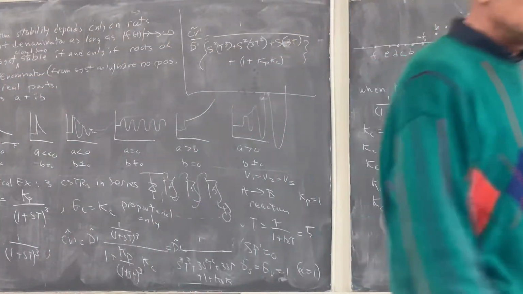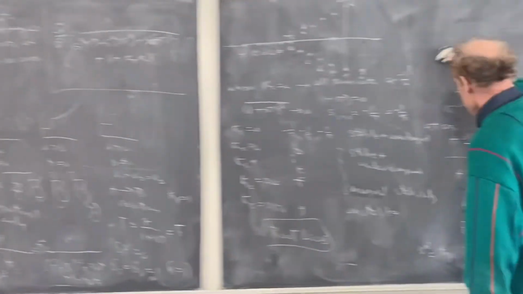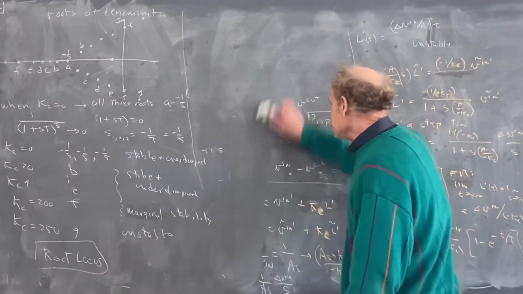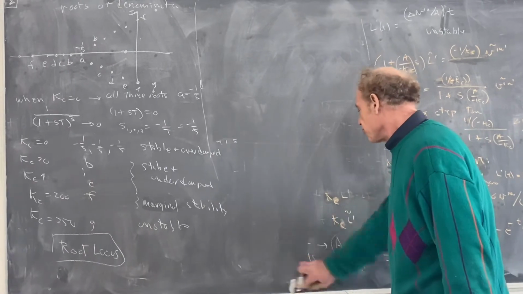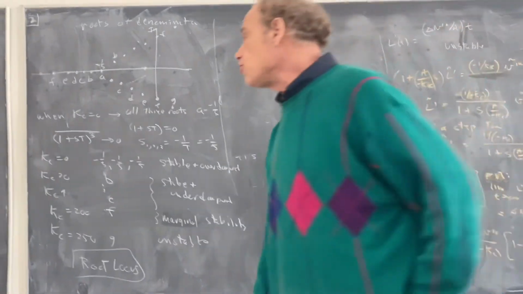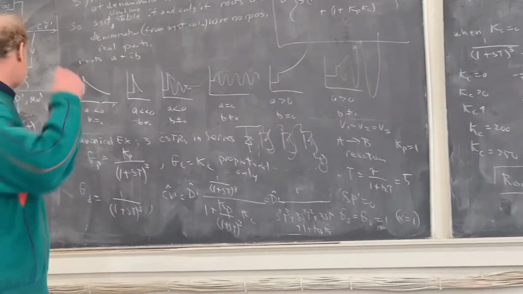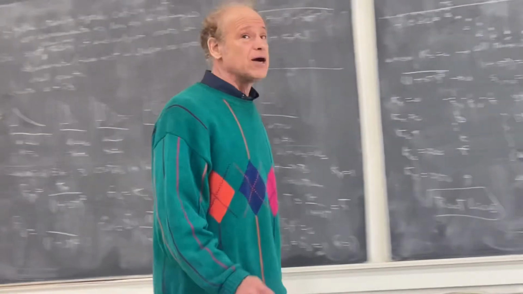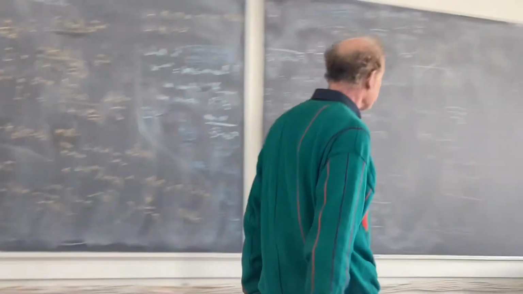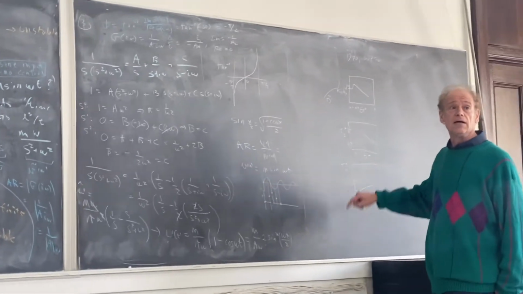Any other questions? So now this method called root locus works great for a single parameter, because I only had to do calculations for changing one parameter, Kc. But let's say I have a PID controller. Then I have 3 parameters: Kc, Ti, and Td.